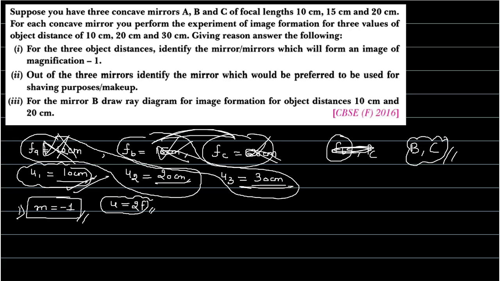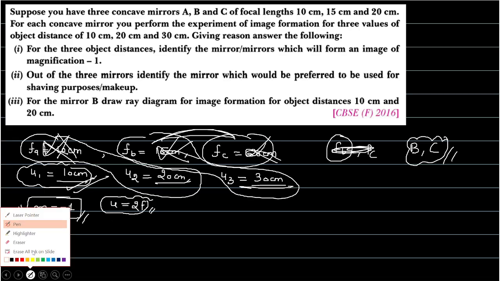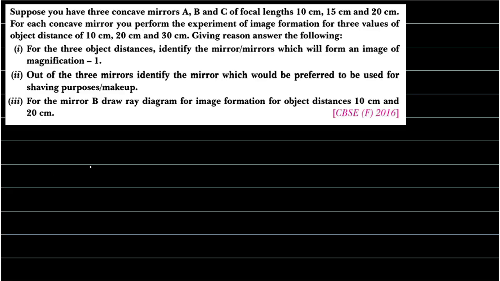Right? Clear. Now, third, for the mirror B, draw the ray diagram for image formation for object distance 10 centimeter and 20 centimeter. Now you can make it very clearly, I think. Let's make it.